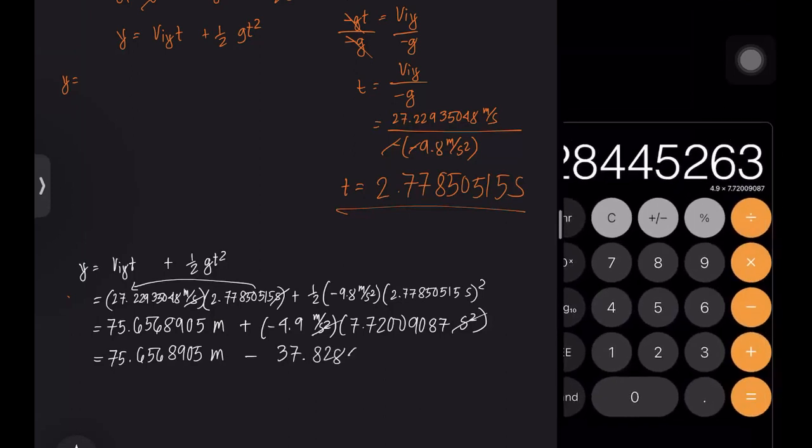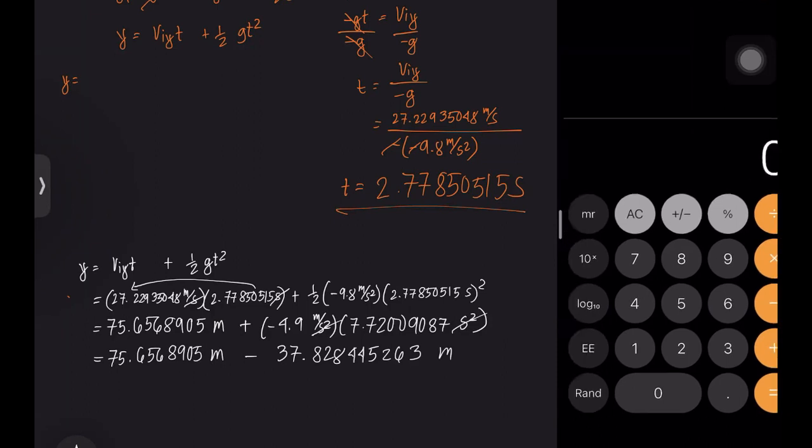445. Again, I'm reminding you that I'm using a calculator app, but please try to compute it again using a real scientific calculator. 37.828445263 meters.